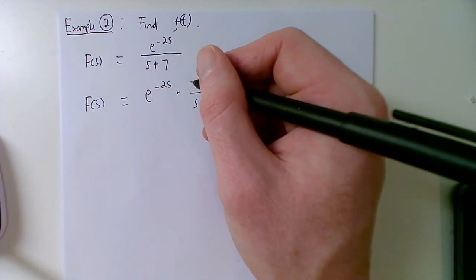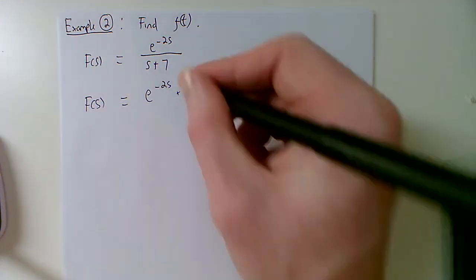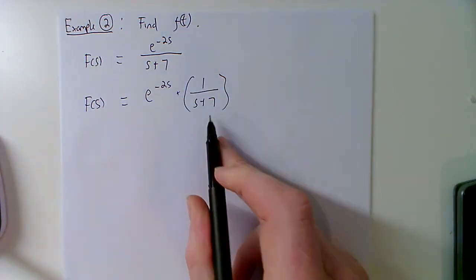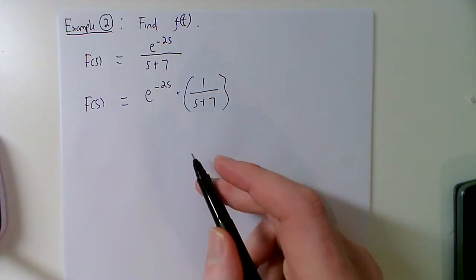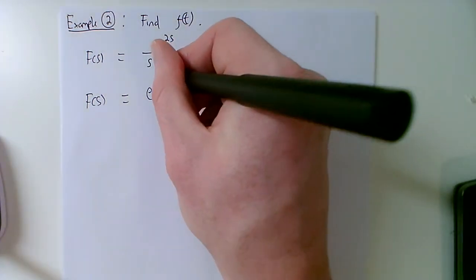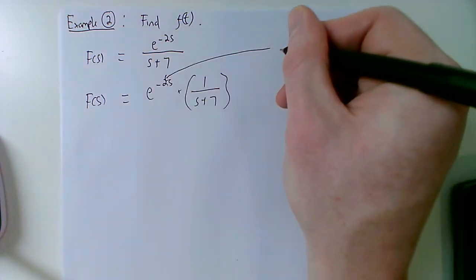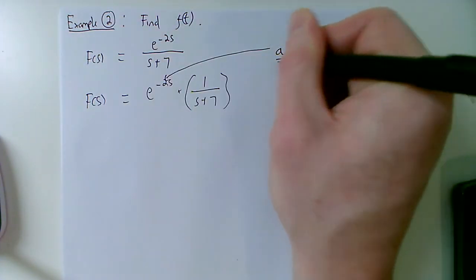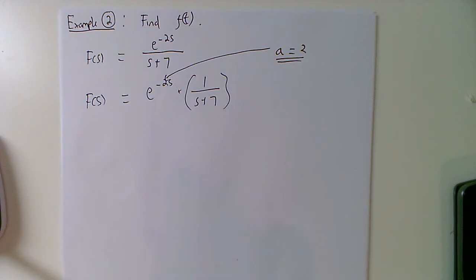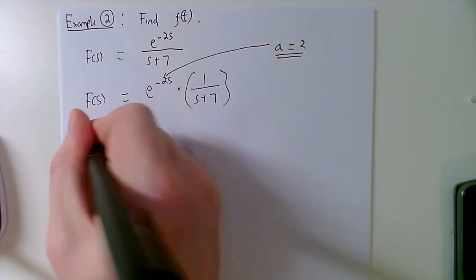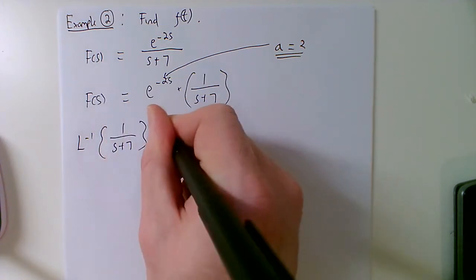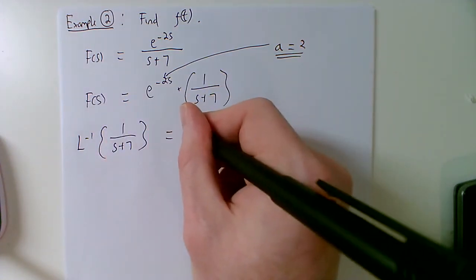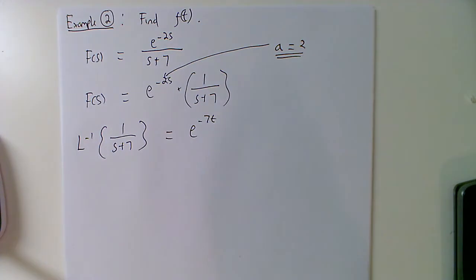Right, so let's find the inverse Laplace transform of this bit here. First thing I should take into account tells me that a equals 2. Right, so the inverse Laplace transform of 1 over s plus 7 is e to the power of negative 7t.